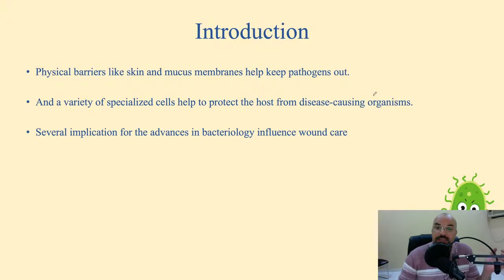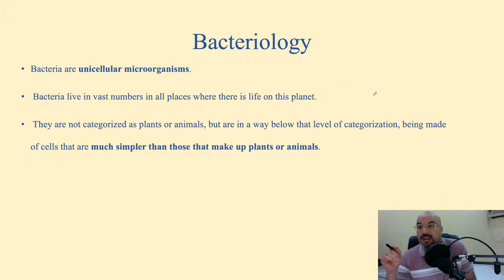So let's start to define bacteriology as a science and its impact on us in wound care. When we are talking about the bacteria, we are describing unicellular microorganisms. Unicellular means we are talking about an individual cell. The cell is able to live within a community, but each cell has its own independence.